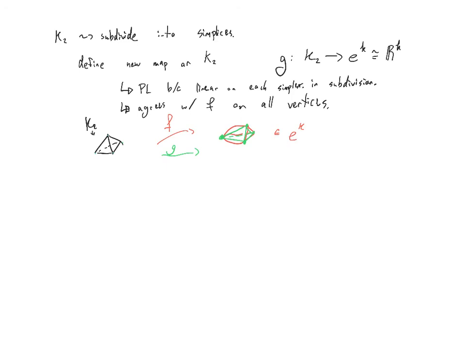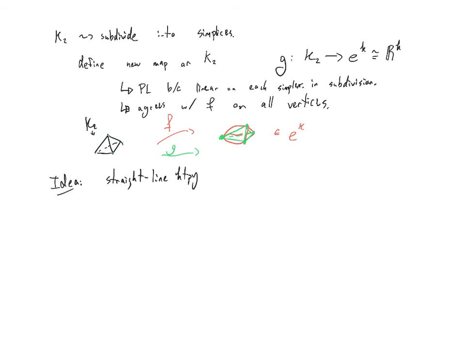Now, what I want to do, if you look back at the previous image, is define basically a bump function. I want to do a straight line homotopy between f and g. So the only reason to move to piecewise linear land, to move to RK and Rn, is so that I can write down a straight line homotopy.